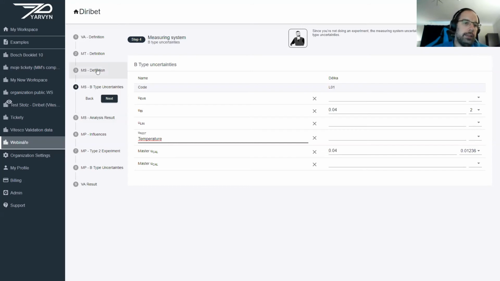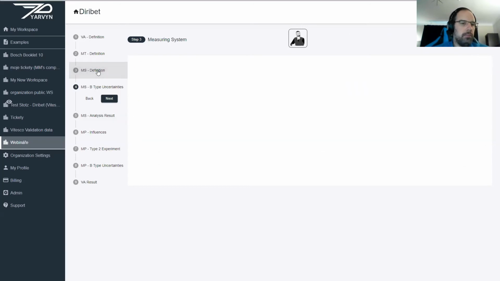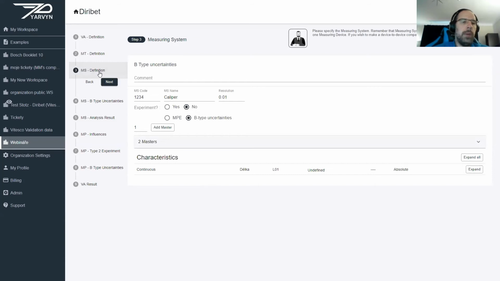And the last and most common way is if you are doing some experiment. When you have an experiment, it was said that some uncertainties are type A. That means they are calculated directly from the data, and some of them are type B. That means these uncertainties are filled in manually.